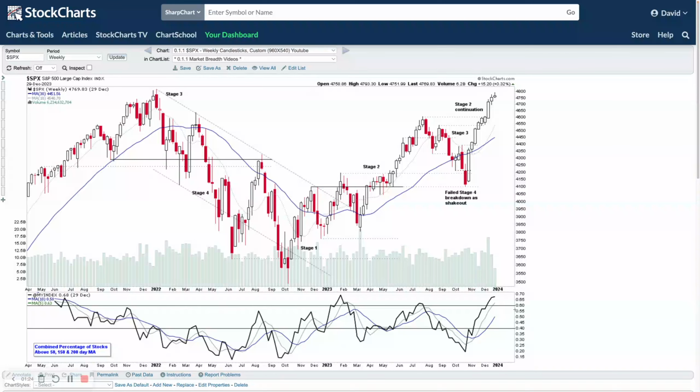So as a proxy with this, what we do with the member services, when we're above the 60% level, we tend to be in the stage 2 zone. When we're in the 40 to 60% range, you tend to be in a more neutral stage 1 or stage 3 type environment, and when you're below, you tend to be in the more stage 4 type environment.